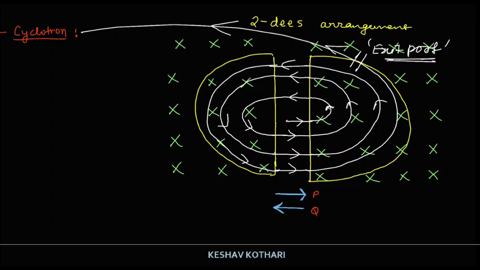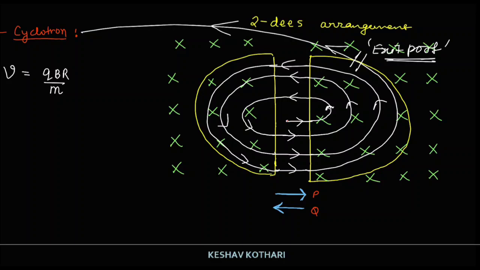For the equation of velocity, when it is moving in a circle of radius capital R, with magnetic field B, mass m and charge q, the value of velocity can be written as v = qBR/m, where R is the radius of the trajectory at exit.